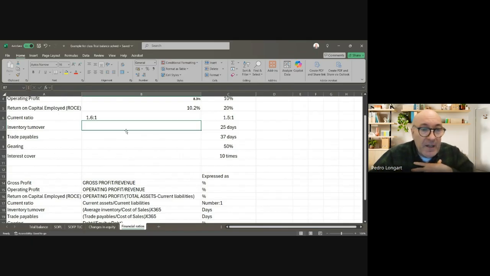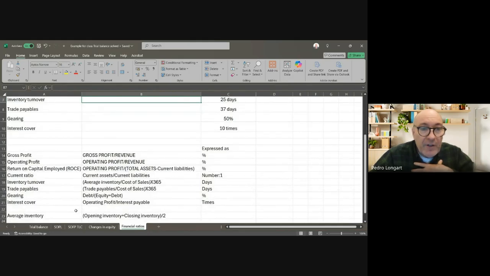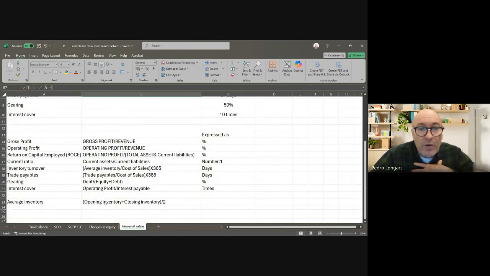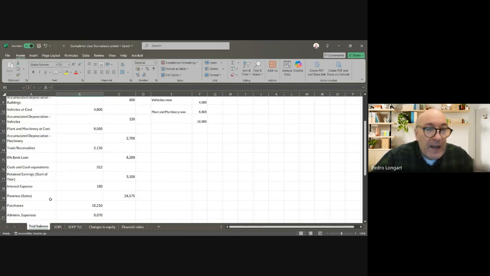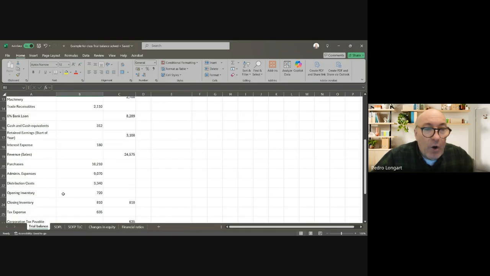As you can see here, my average inventory is my opening inventory plus my closing inventory divided by 2. I can see those values from my trial balance. So my values are opening is 720, closing is 810. It doesn't matter which goes first because it's an average. 720 plus 810 divided by 2.